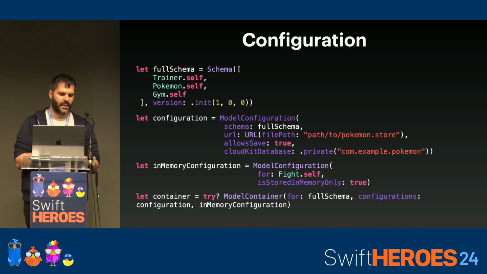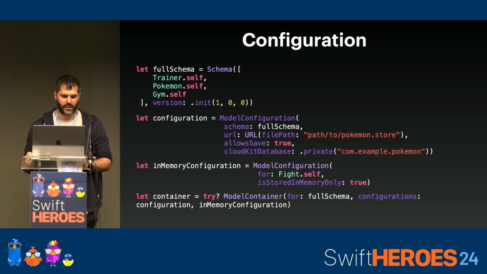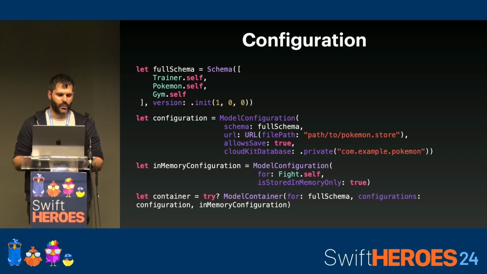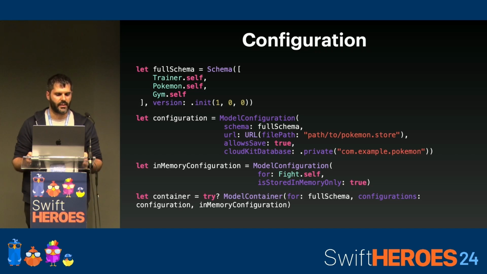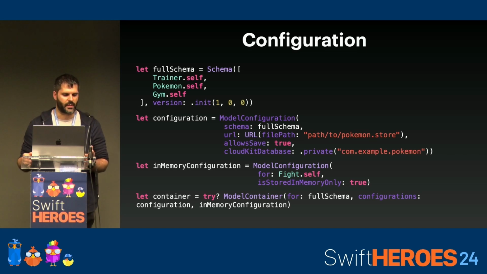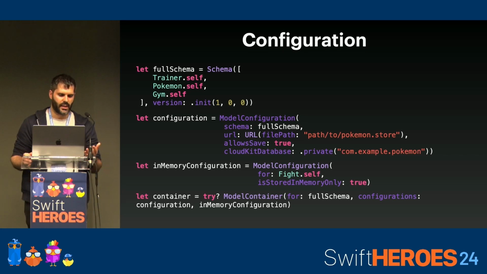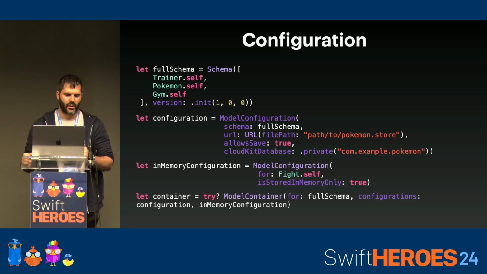And with CloudKit database, if we are using CloudKit, we can express where we want to save the changes. Actually, with SwiftData and CloudKit, we can use private, but at the moment, we cannot use, for example, the shared container and the public container.